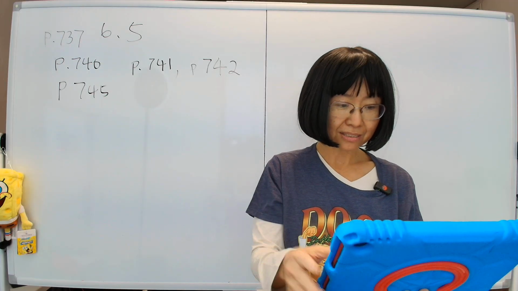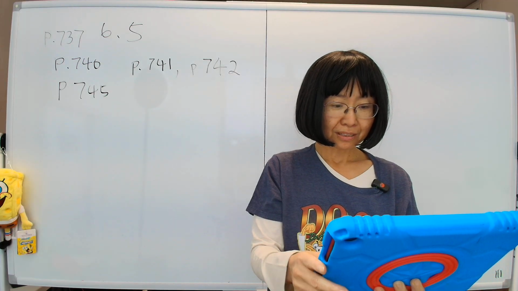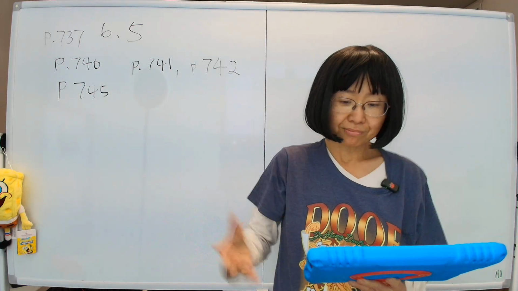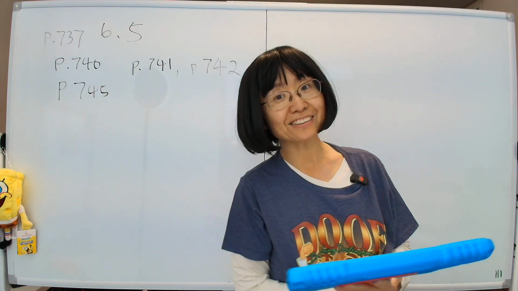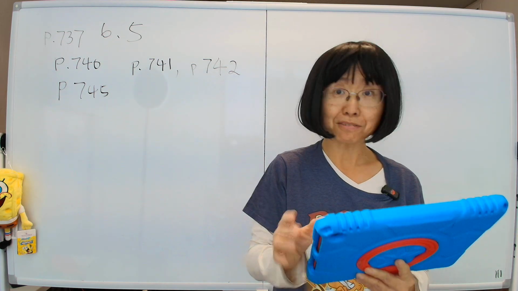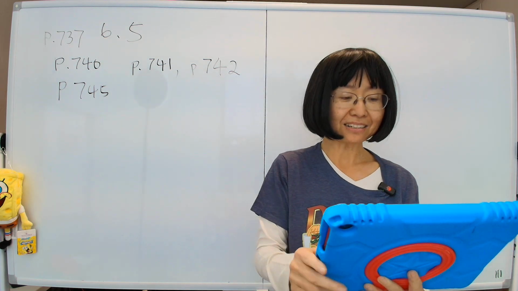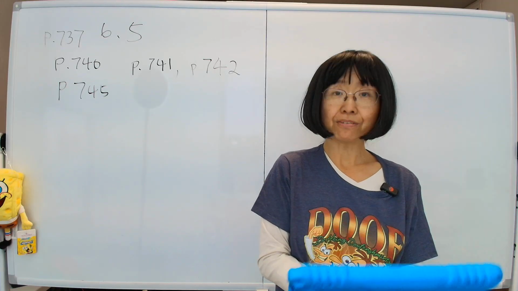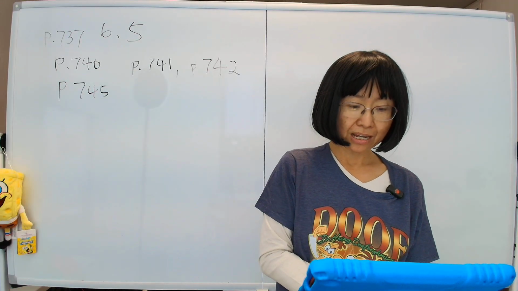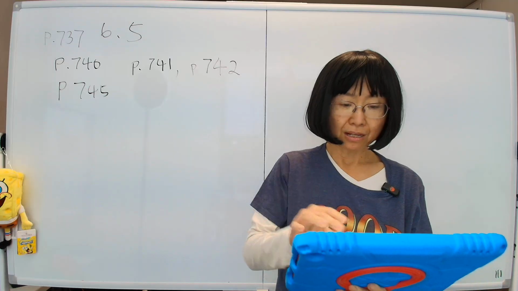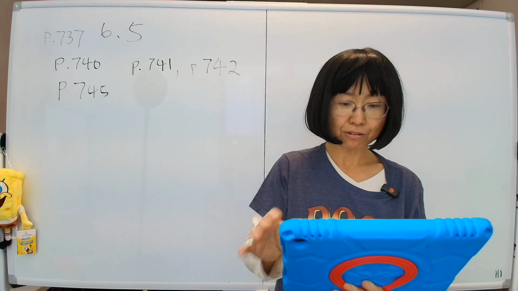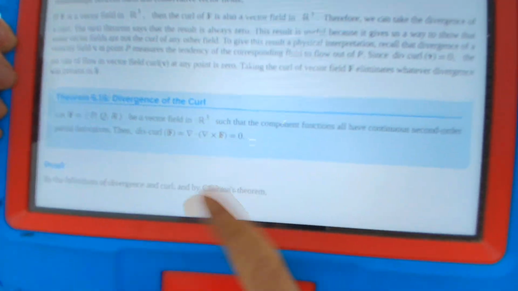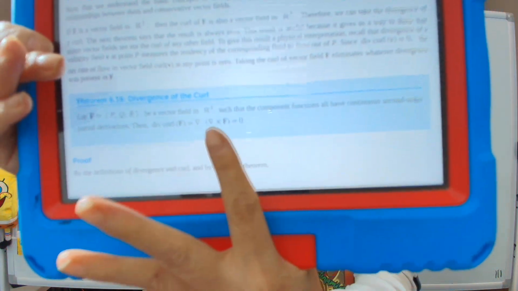And then next, you're going to wonder, what are we going to do with all this stuff? Nothing. We are just going to see how to do this math and not worry about what we're going to do with it. So let's look at example 6.16, which says that if you have a vector field in R3, I don't know if I mentioned that before, but you see this funny way of typing the letter R right here?